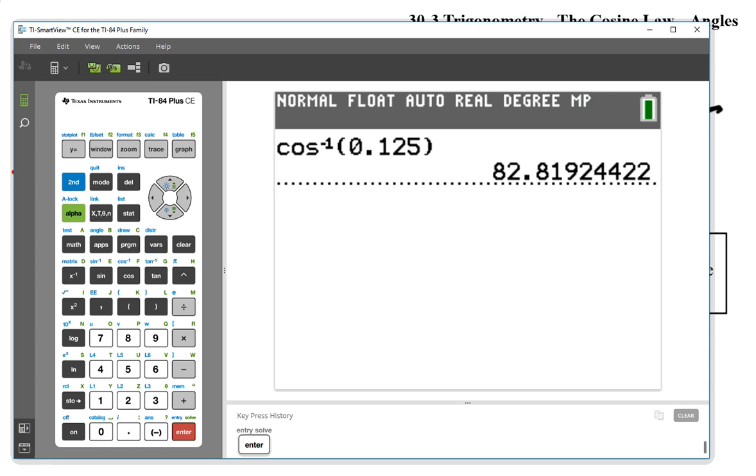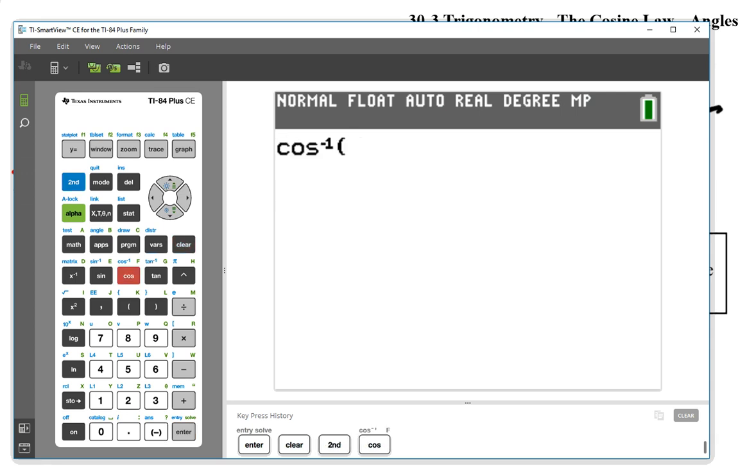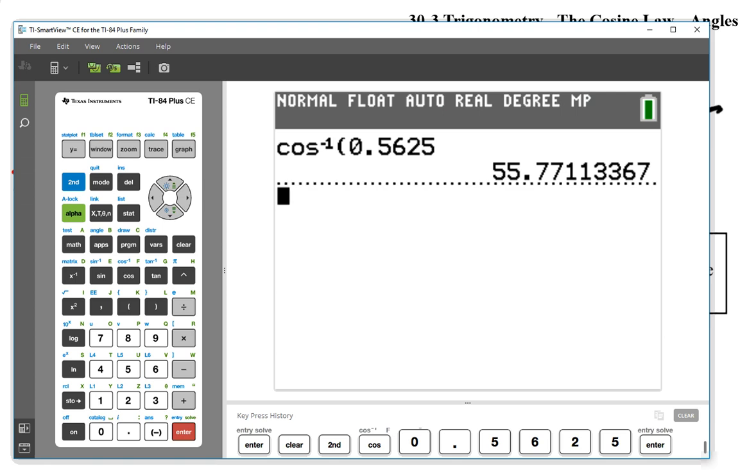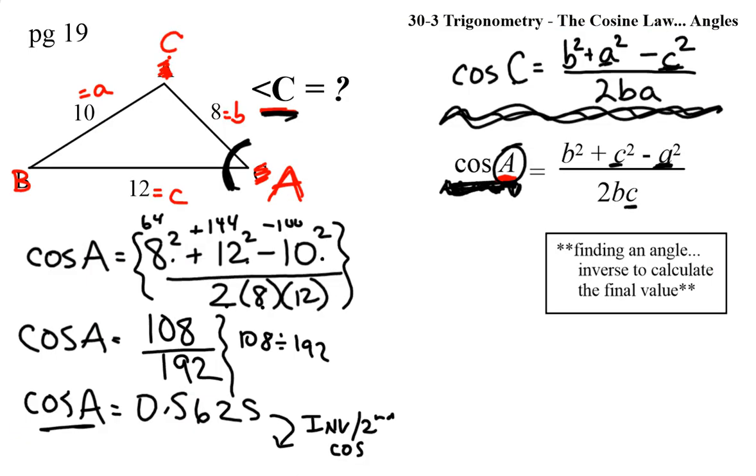Second cos of 0.5625, and we get 56 degrees. Angle A is 56 degrees. There you go. It was angle C, so angle C is 56 degrees.